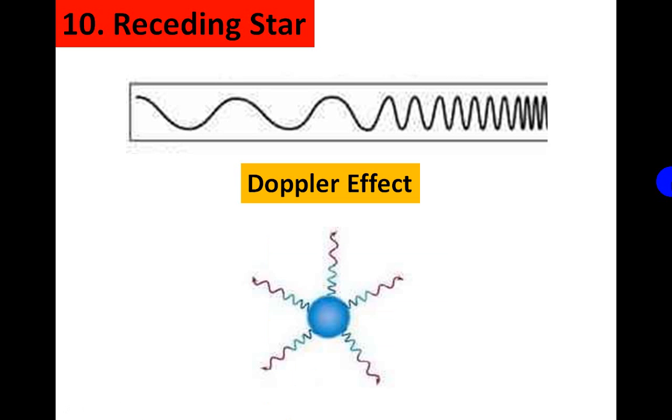Hubble found the wavelength of light coming from other galaxies was increasing. That indicated that those galaxies were receding.